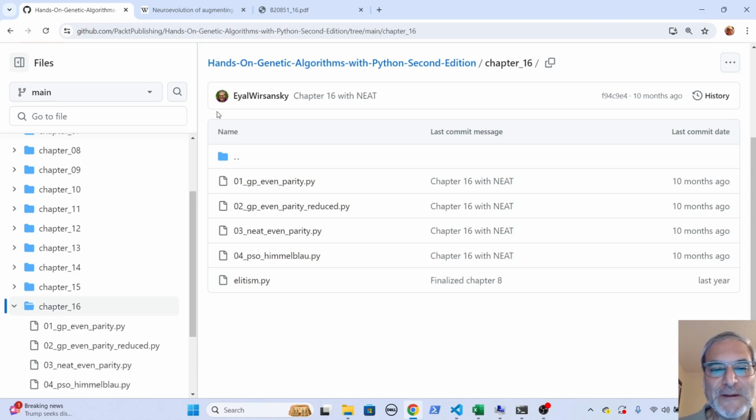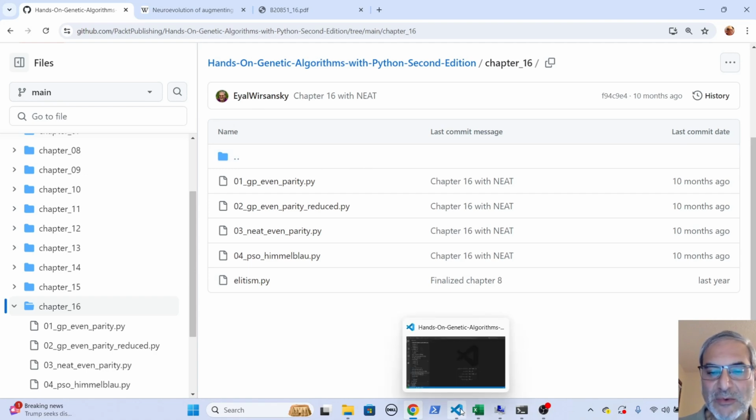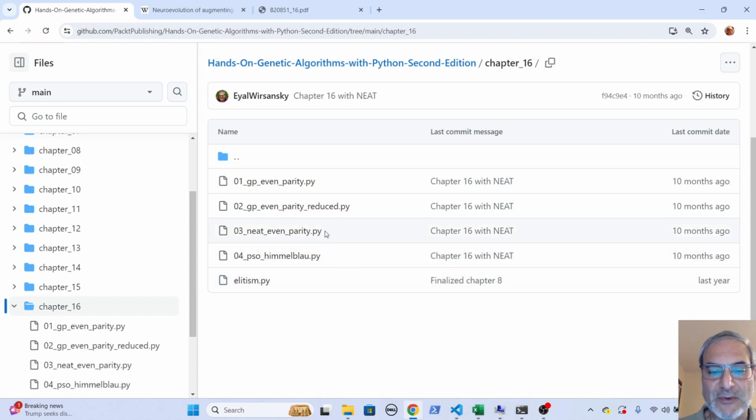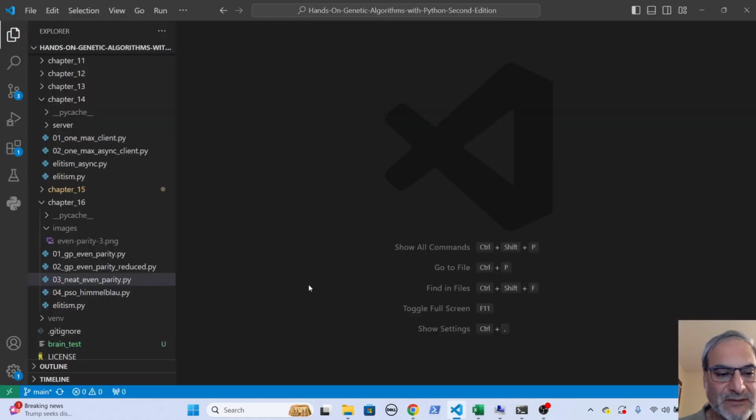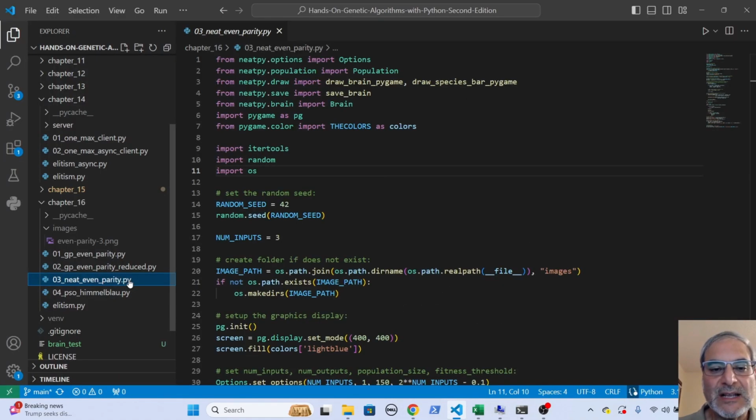So we have a nice demo that solved the same problem as before, the even parity that we were using the genetic programming to solve. We're going to use the third program, and it uses a library that has a very nice visual, and you will see that as I run.